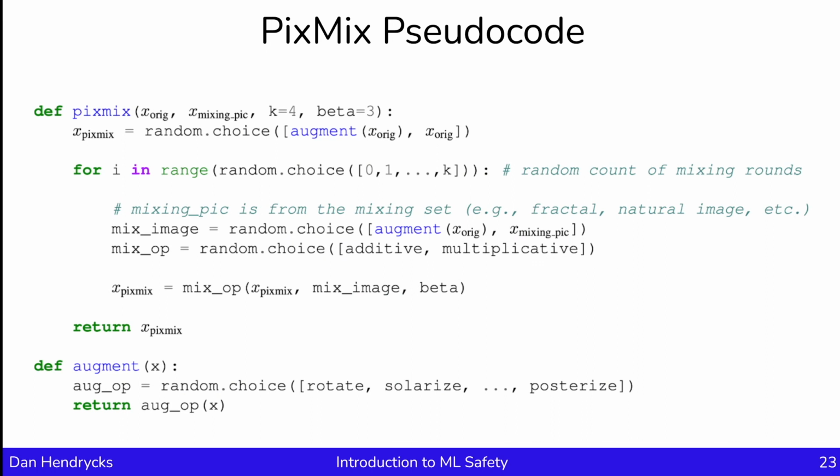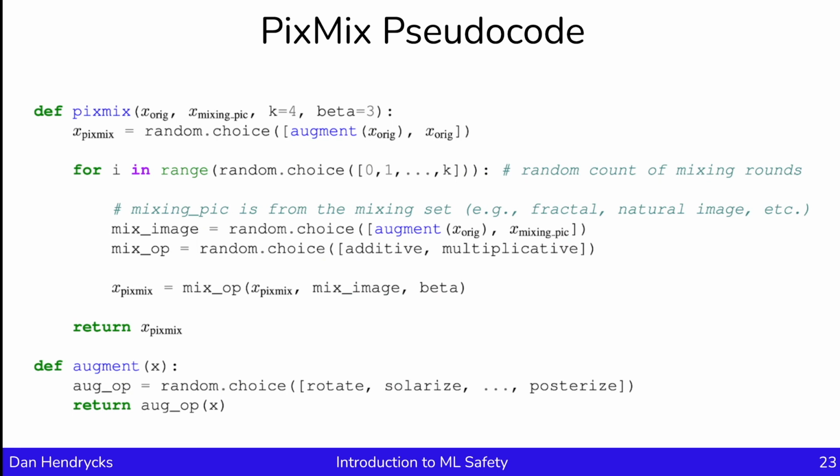Then we'll mix for a random number of rounds. The mixing image is either an augmented version of the original image or the mixing pic. And the mixing pic is from a mixing set. It could be a set of fractals or natural images or feature visualizations. All those are possible mixing sets.